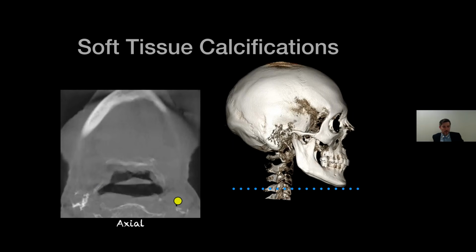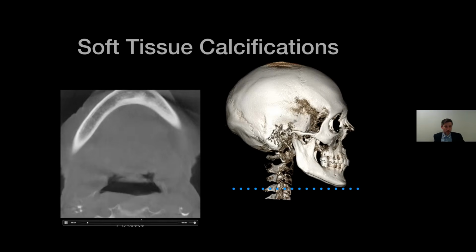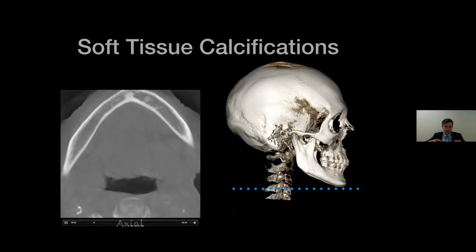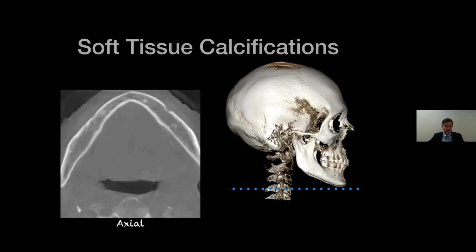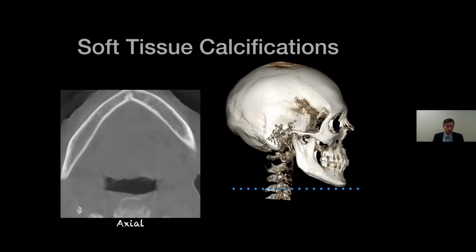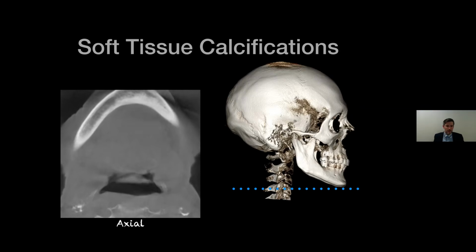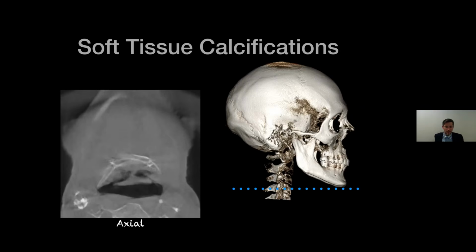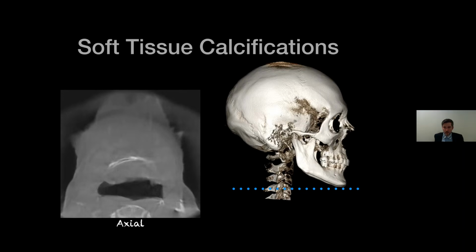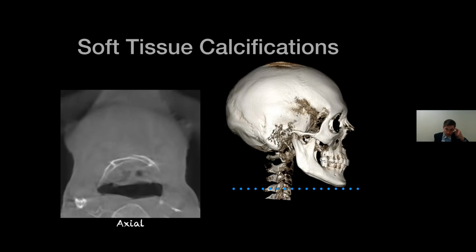And here we can see it as well. As we're going through the slices, here is the round calcification. You can see it kind of forming along the walls of that vessel. So the calcifications themselves look different than the tonsilliths that we see at the level of the occlusion.